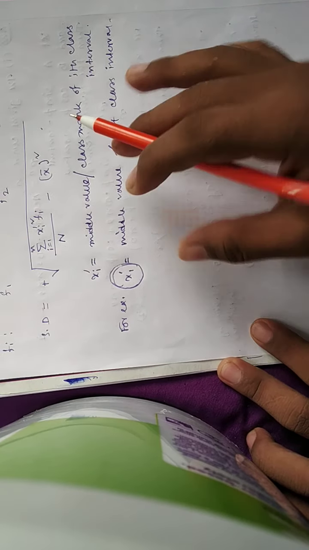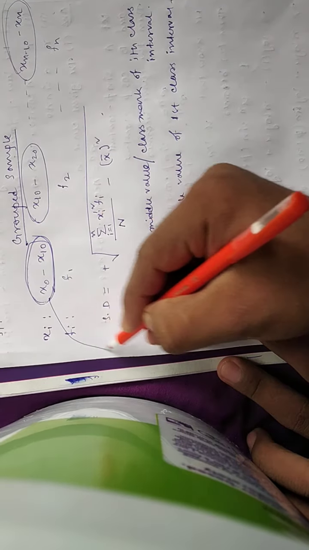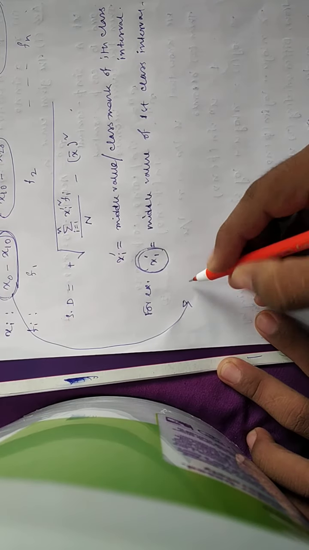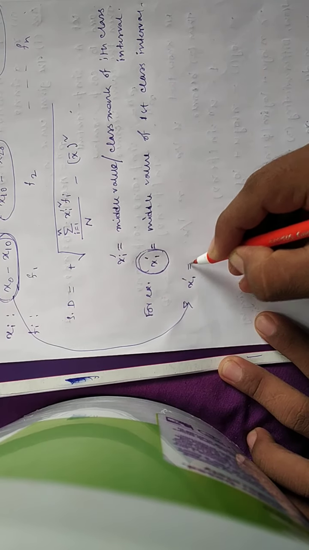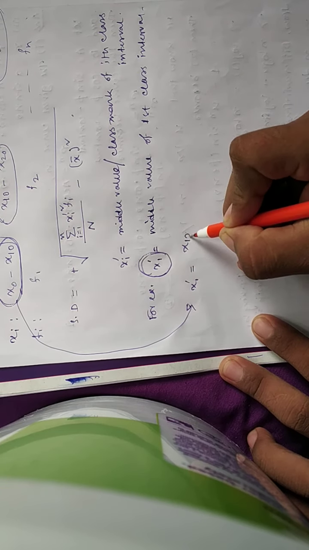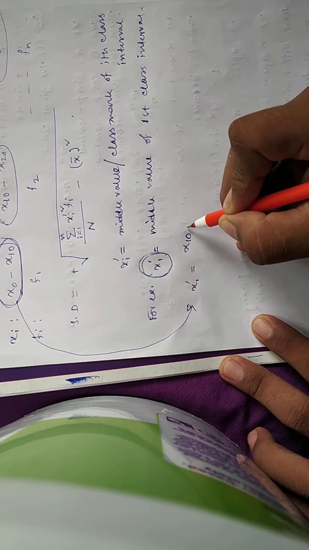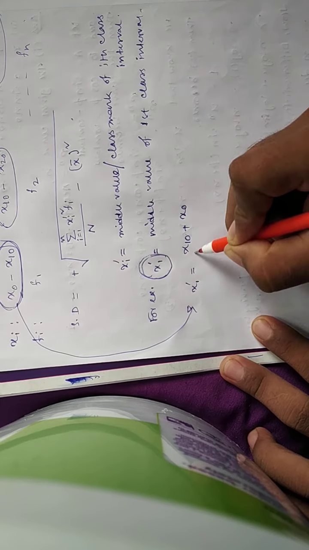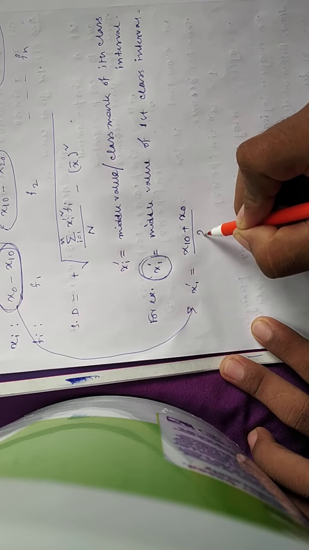And how to find the middle value of a class interval? We have that x1 dash, the middle value of the first class interval, is equal to the upper limit plus lower limit divided by 2.